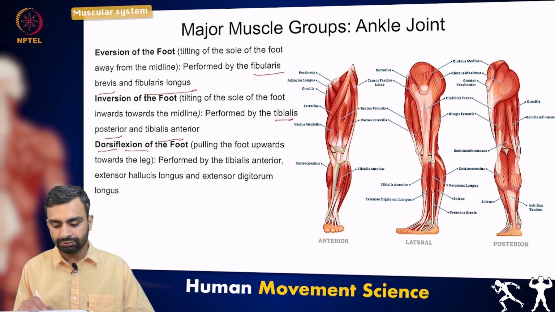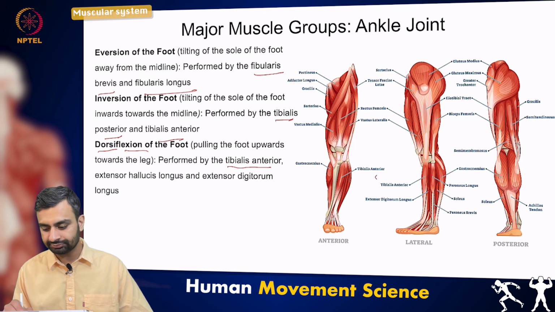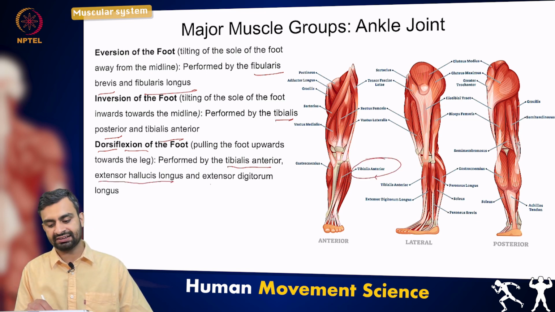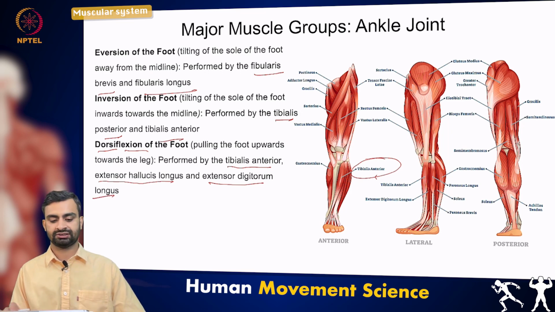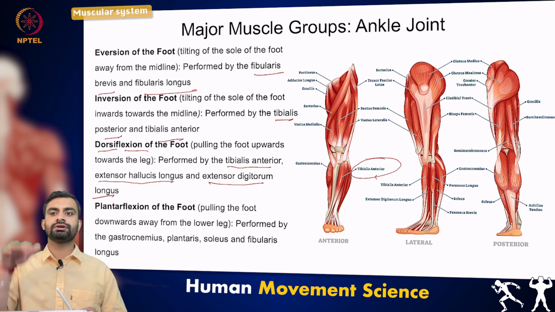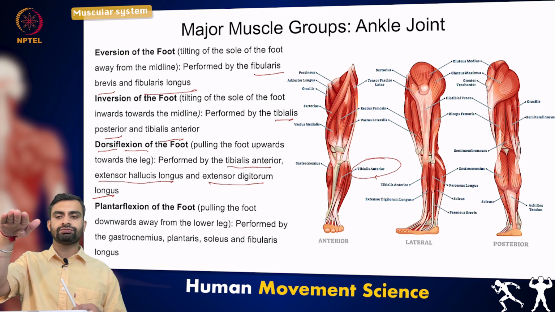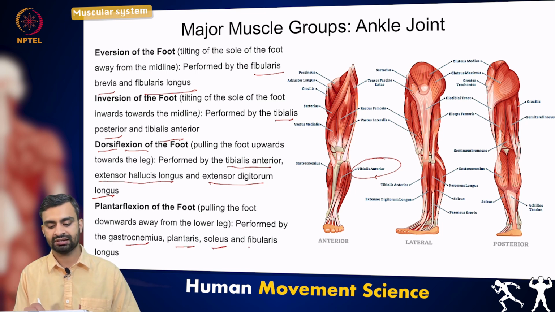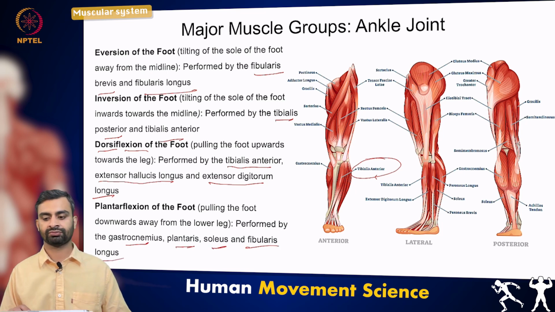It is performed by tibialis anterior, extensor hallucis longus and extensor digitorum longus. Similarly, plantar flexion of the foot is moving your foot away from the lower leg. It is performed by the gastrocnemius, plantaris, soleus and fibularis longus.